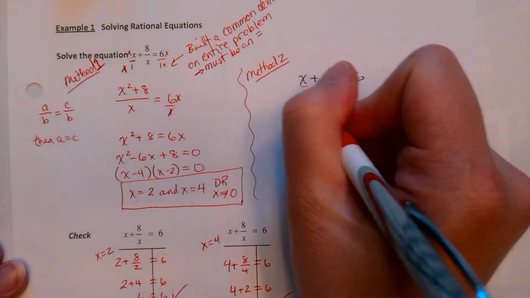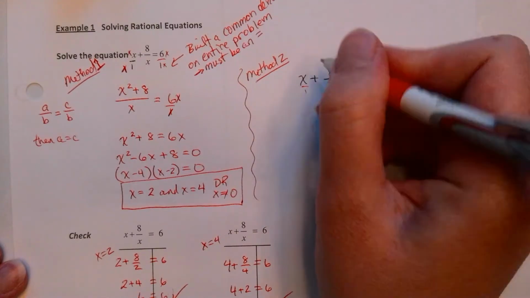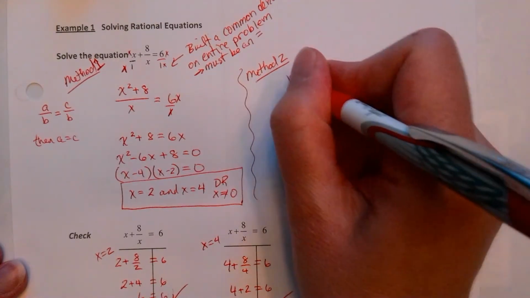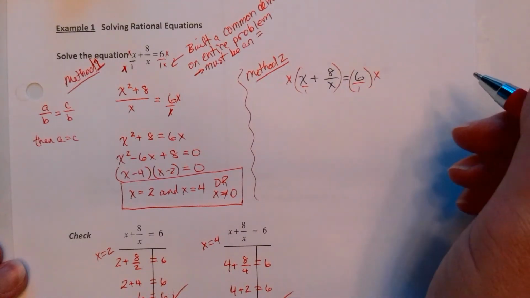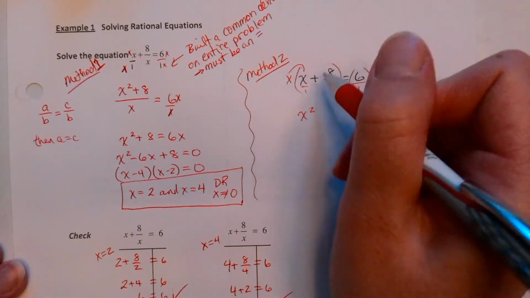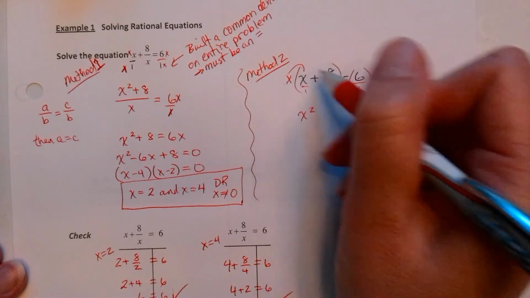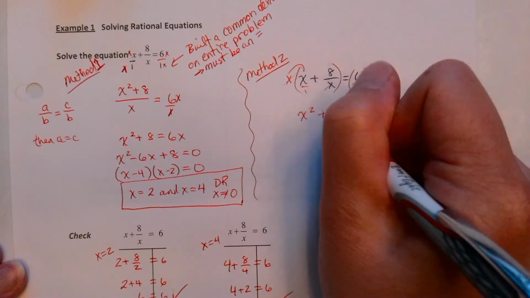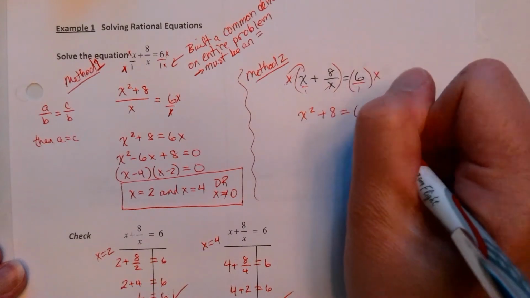If I put everything over here, my common denominator would be x. So what I do is I multiply everything in the problem by x. And so what happens when I do this is I distribute and I get x squared. But when I take x times 8 over x, this x cancels and it leaves me just the 8. And then equals 6x. So it is a great shortcut.